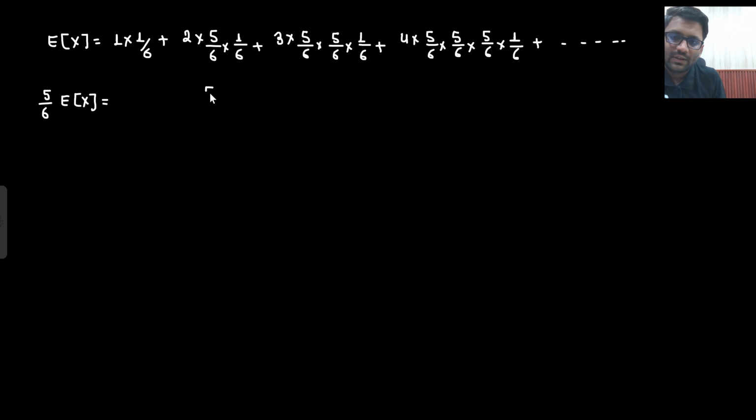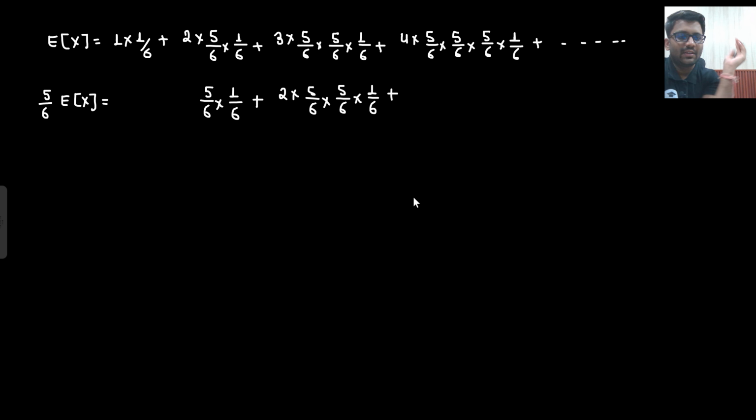So what I will be getting, 5 by 6 into 1 by 6, because there are infinite terms, no? Now I will multiply the second term with 5 by 6. So what I will be getting, 2 into 5 by 6 into 5 by 6 into 1 by 6. Basically all the terms are being multiplied with 5 by 6.